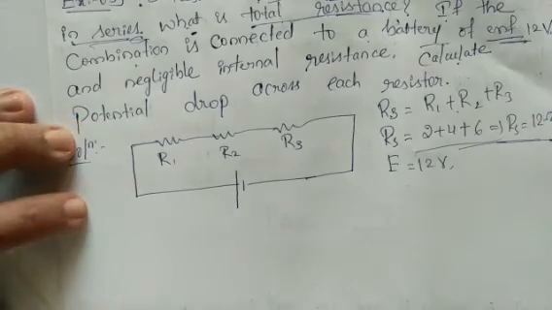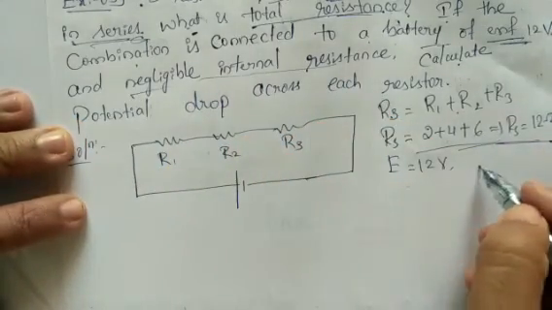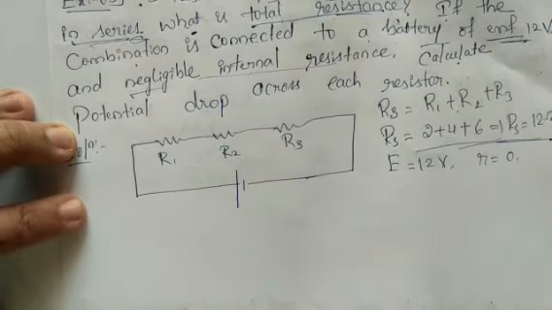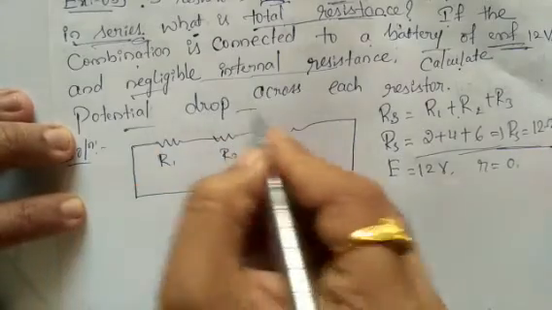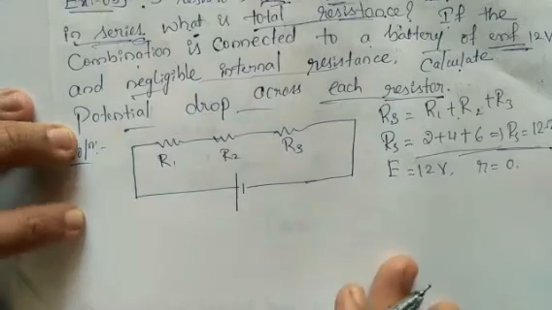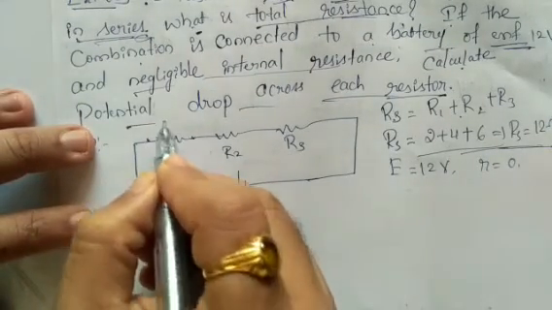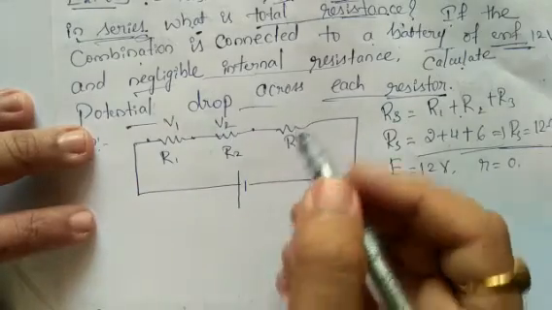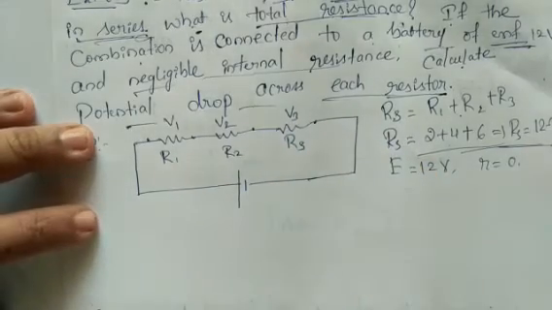The negligible internal resistance is mentioned, so we can write the internal resistance of the cell as 0. What is the potential drop across each resistor? We should identify the potential drop across each resistor. Here the potential drop is V1, then V2, and here V3.